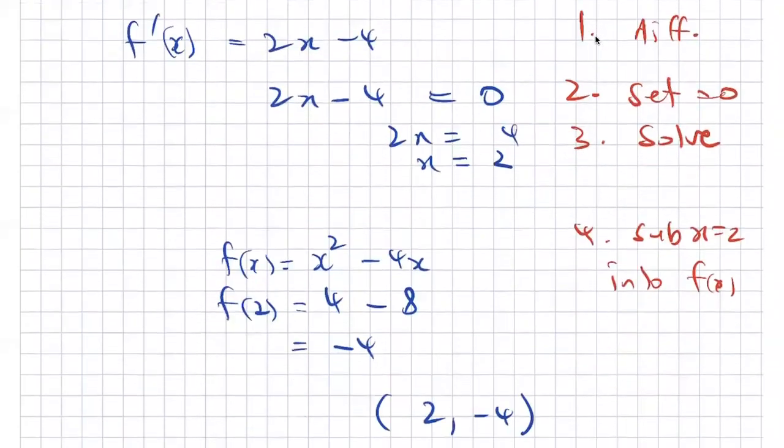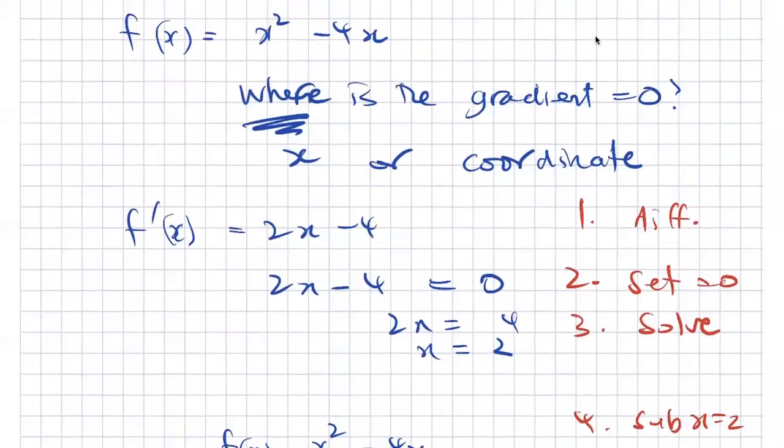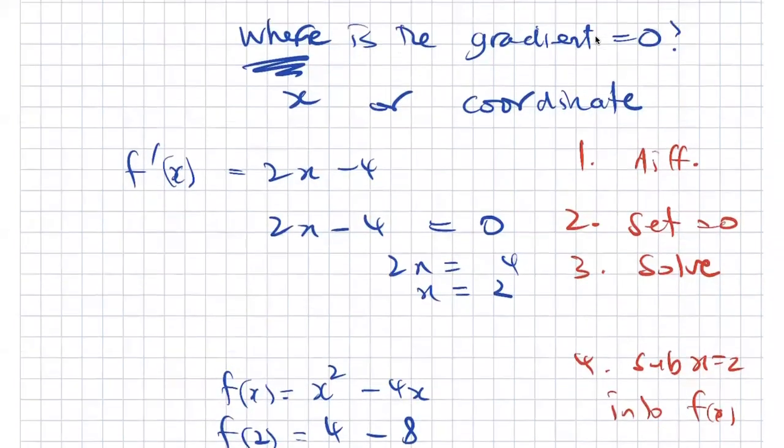The next thing though is finding x values for particular gradients. So this is the second thing that we're looking at here. So we still differentiate, so we differentiated it. But because we're after when is the gradient 0, careful here. It's not always 0, it depends on what the gradient is.